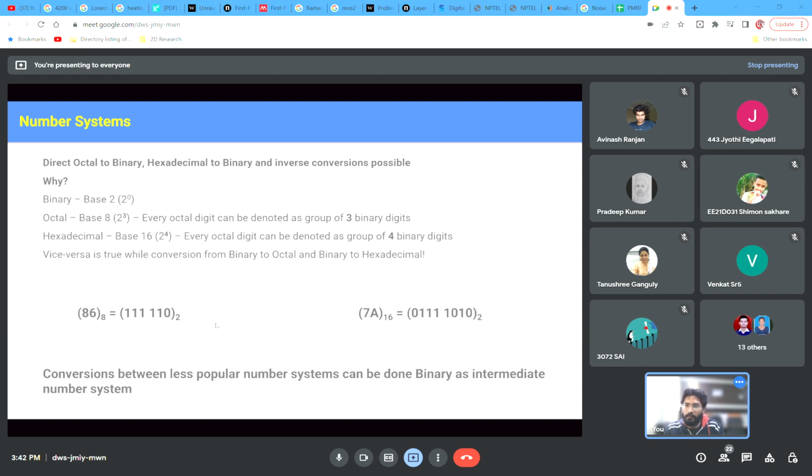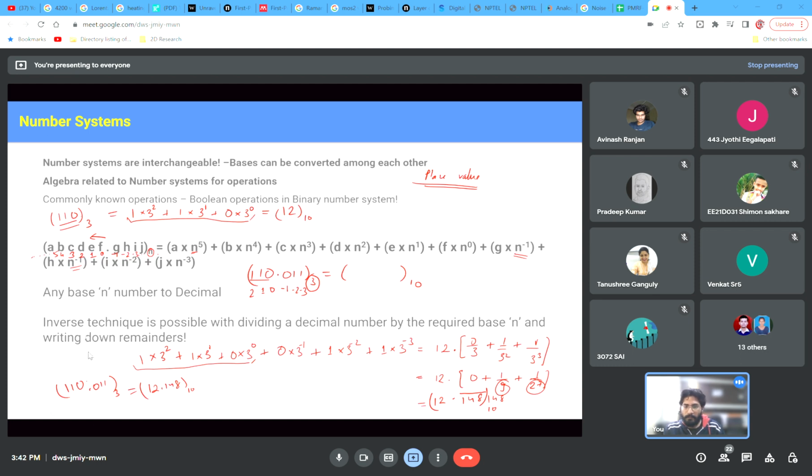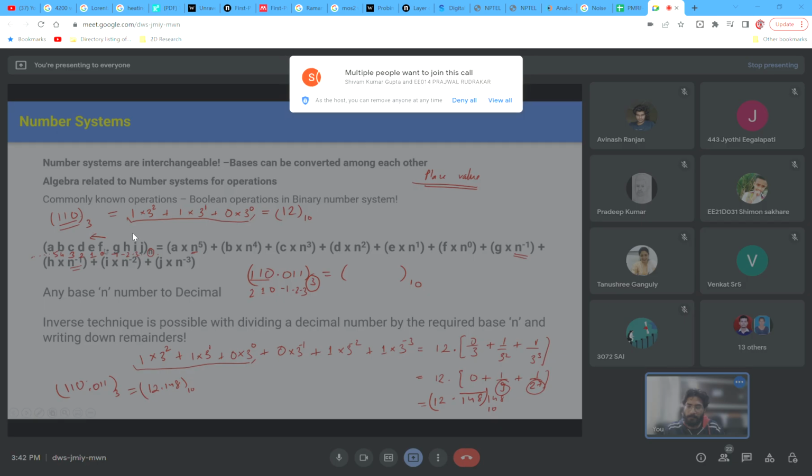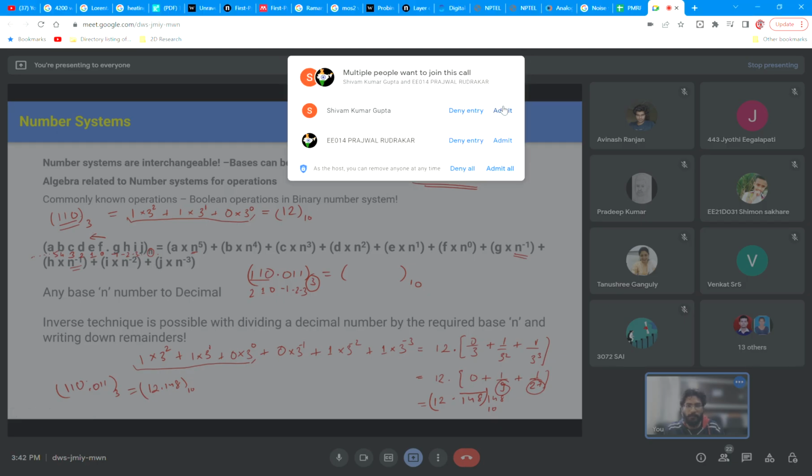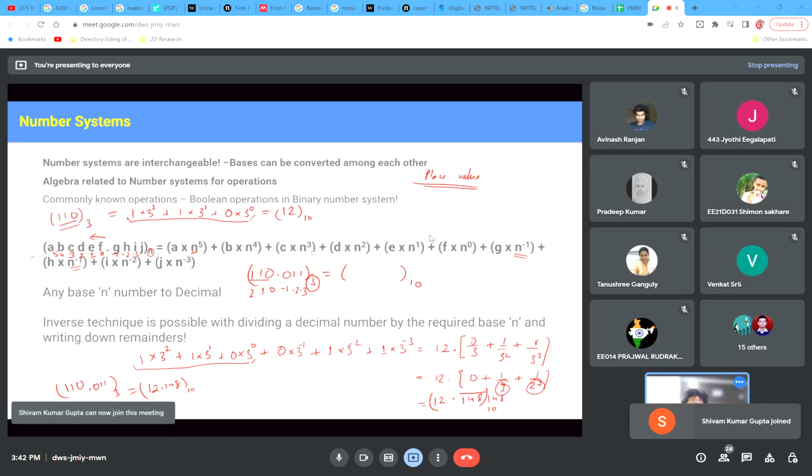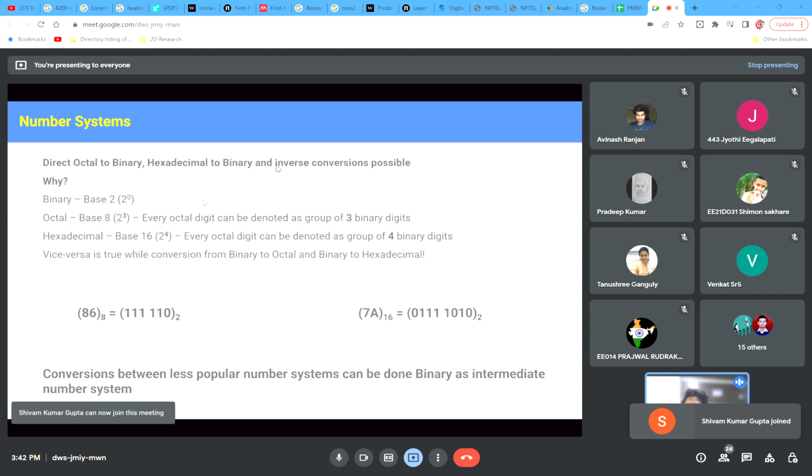So now moving forward, what we converted was from decimal to some n-based system, and from n-based system back to decimal. Now other popular number systems would be octal, binary, and hexadecimal. Binary is already very popular.